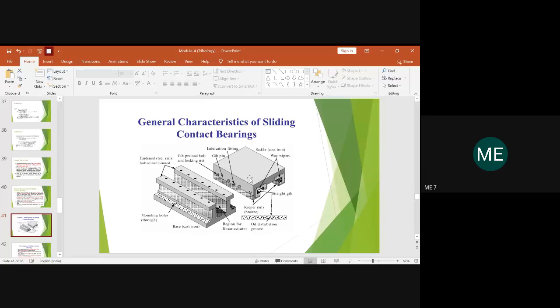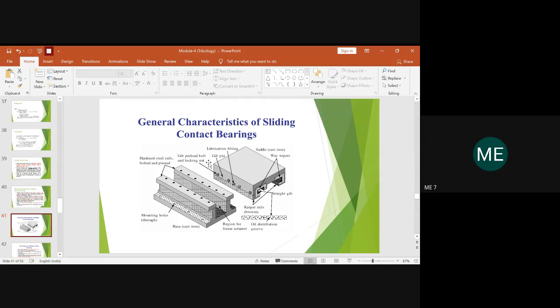So you can use this type of sliding contact bearing for a longer run. These are the main things you have to understand. You have gib pins in between, and you have gib pre-hold bolts that connect with the holes you have over here, so it can be clamped easily, right?